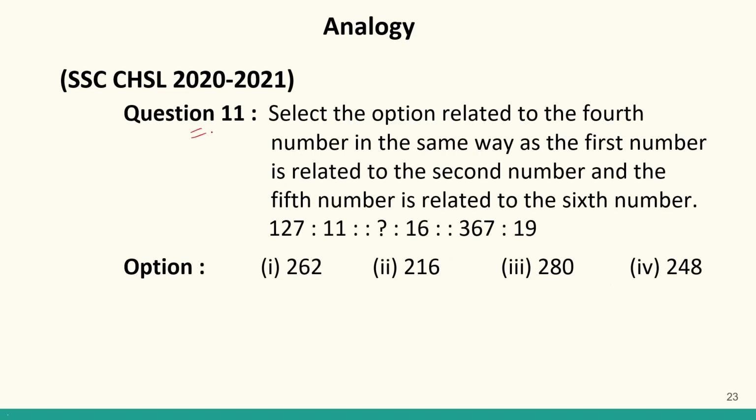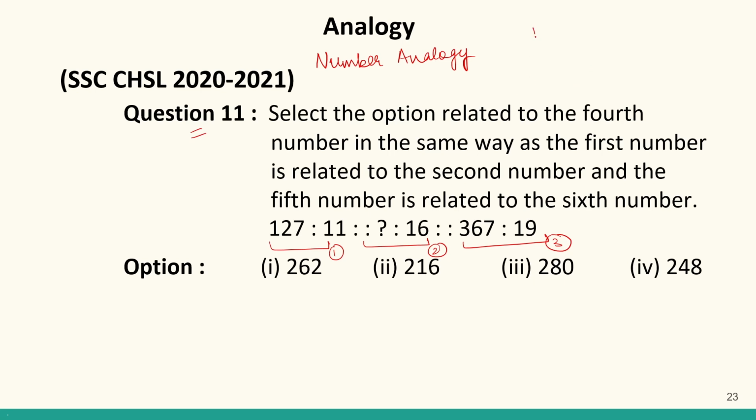Now, question number 11. This is a question again of number analogy. In this question, 3 pairs are given. Pair number 1, pair number 2 and pair number 3. Pair number 1 and pair number 2 are solved for us and we have to find pair number 3. Now, if you remember, I told you squares, right?